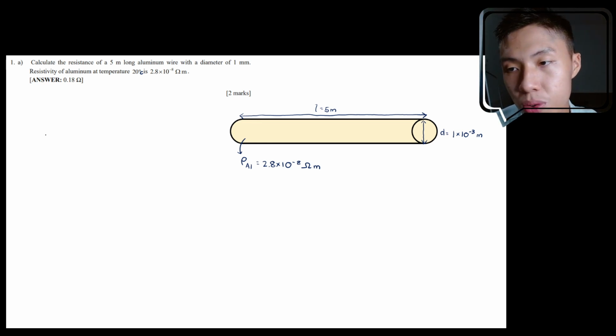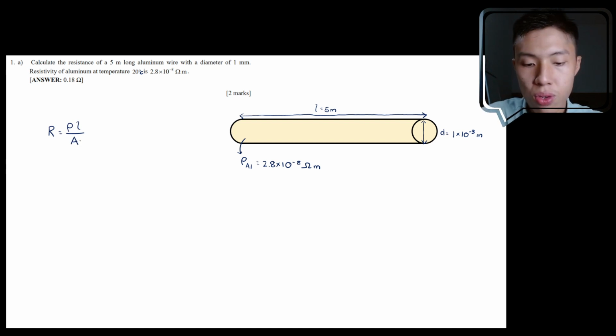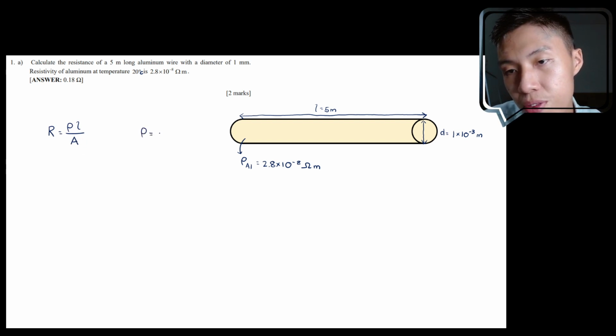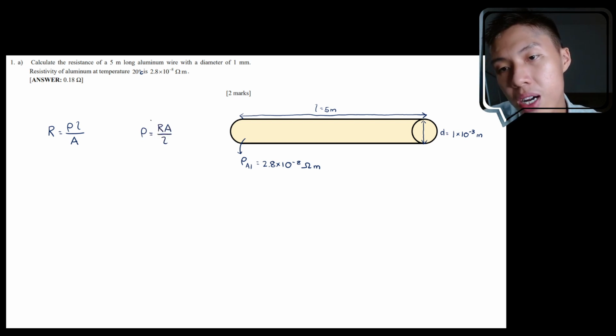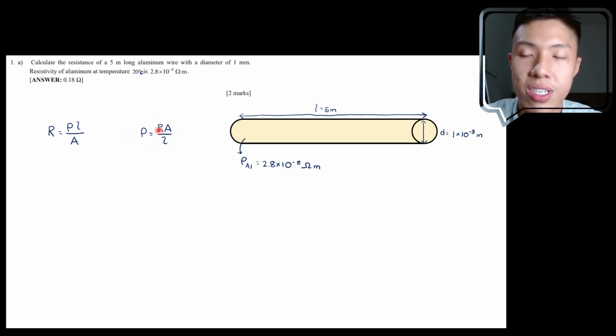The equation to determine resistance is R equals rho L over A. Probably in your syllabus you are introduced to it in a different way. Now if you are expressing your equation in this form, let me define resistivity.